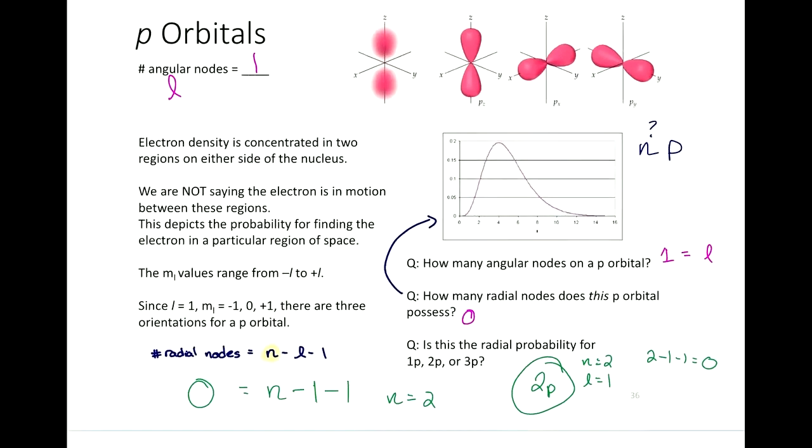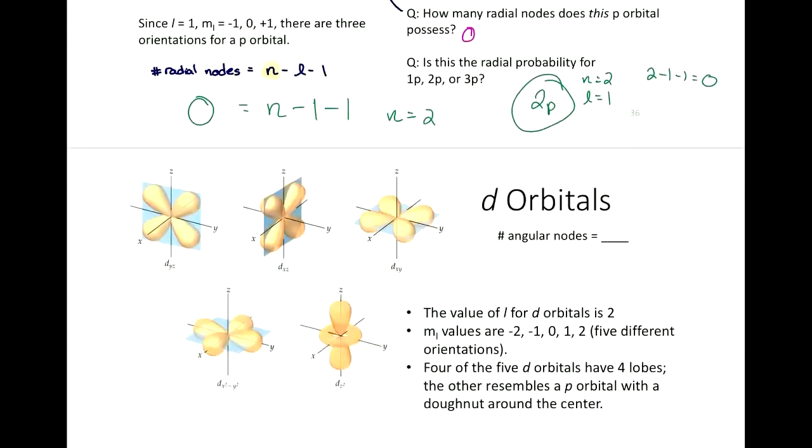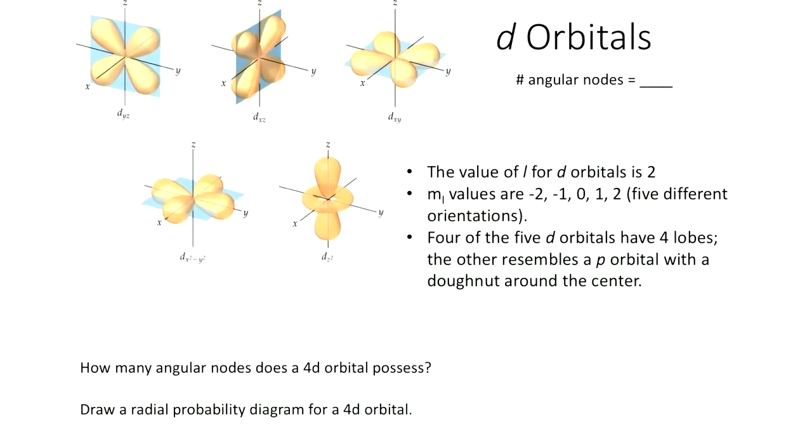All right, so what comes after p? D. Okay, d orbitals have how many angular nodes? 2, because remember, angular nodes mean L. So the possible orientations we can have for a d orbital, there are 5 different ones.